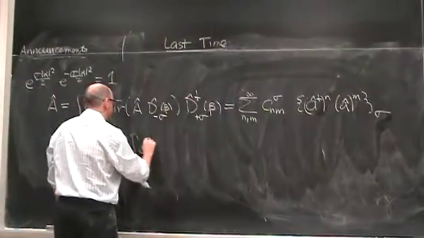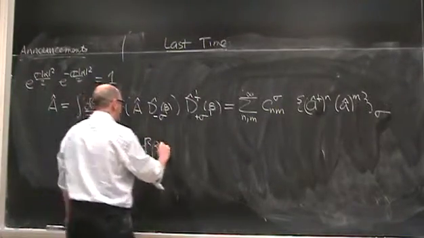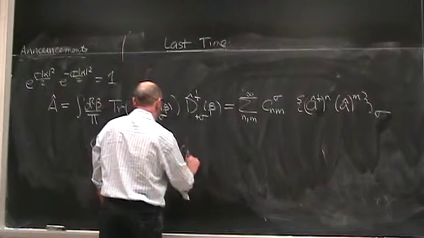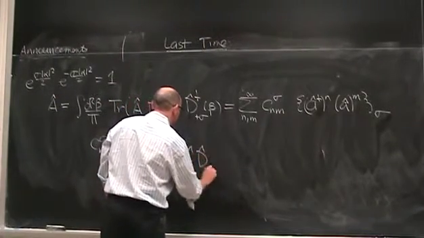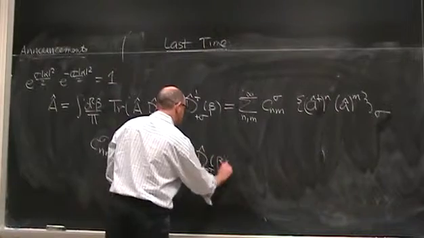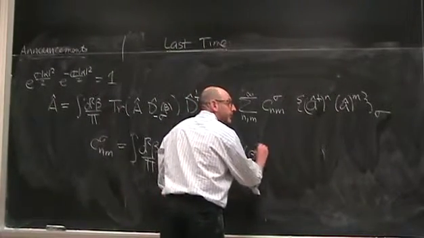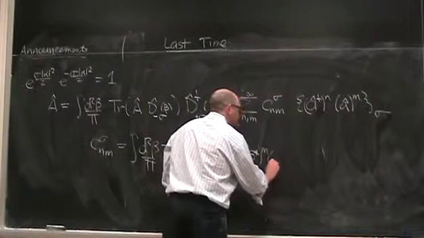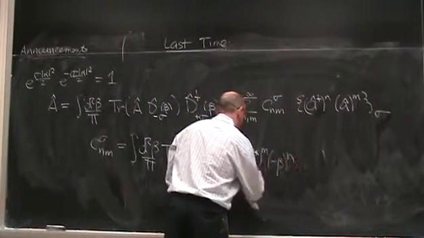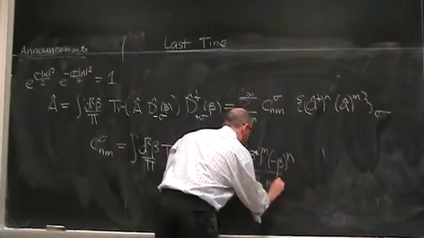Integral over beta, trace of A, D with the ordering minus sigma, beta star to the m minus beta to the n over n factorial m factorial.